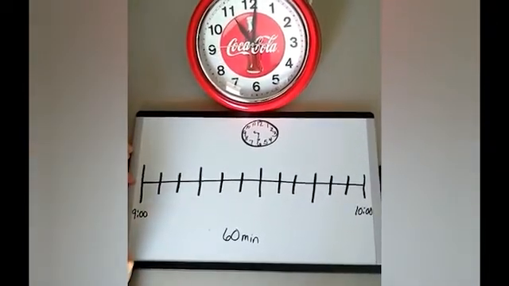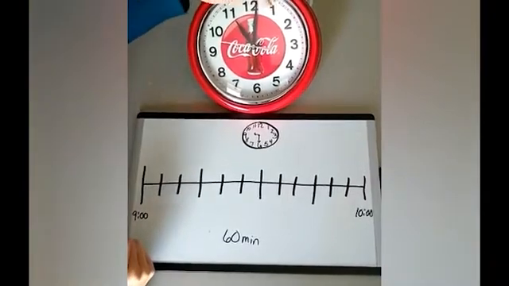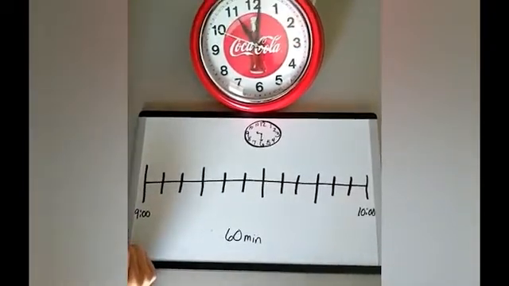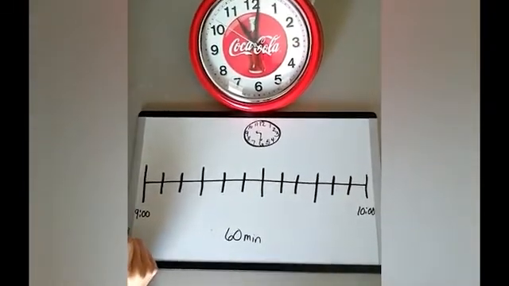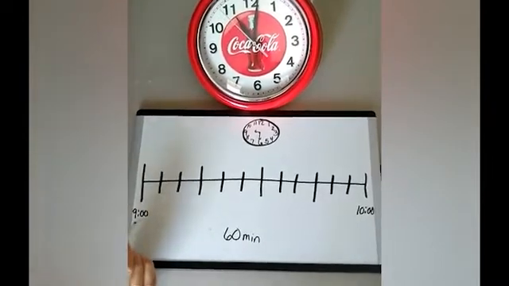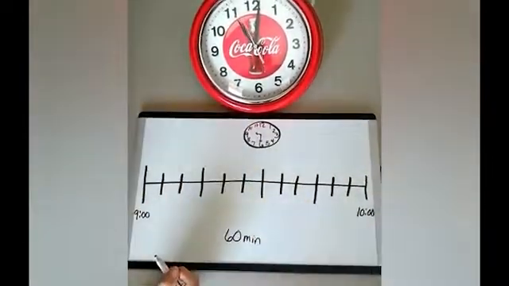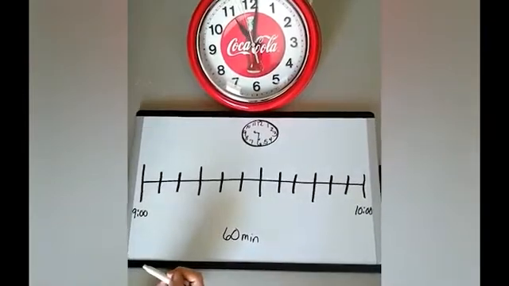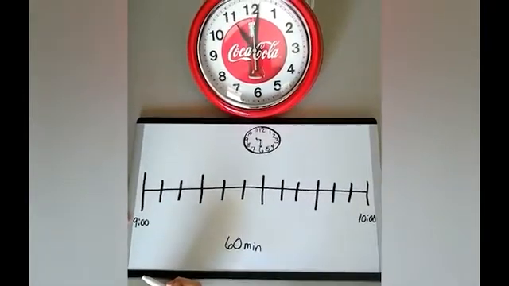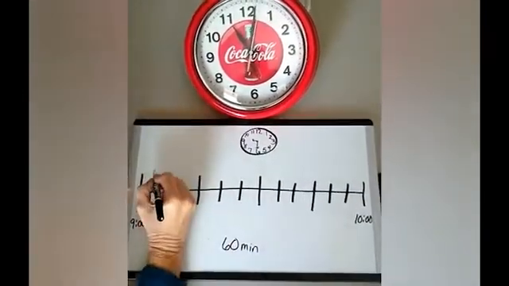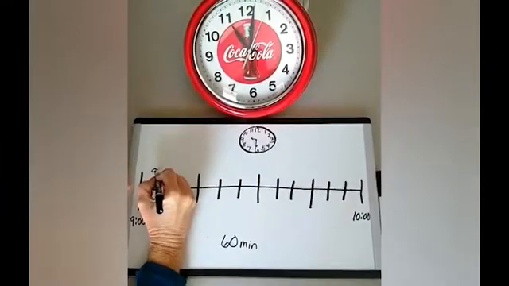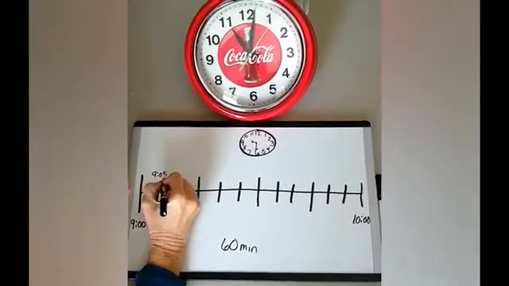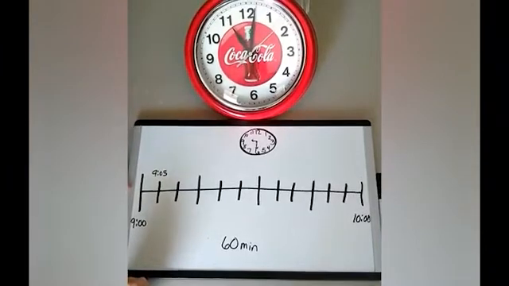I'm going to see if I can do 5 minutes because I know every one of those numbers is equal to 5 minutes. So I'm going to try 5 minutes for every one of my hops on my number line. Let's see, here's 9 o'clock. So I'm going to write at the top of this one because I know I'm going to end up with a lot of numbers and it's going to get a little crowded.